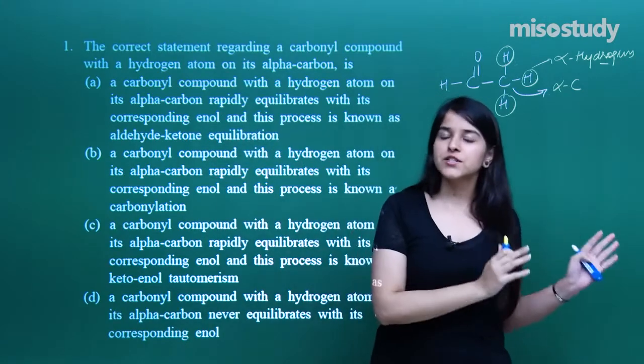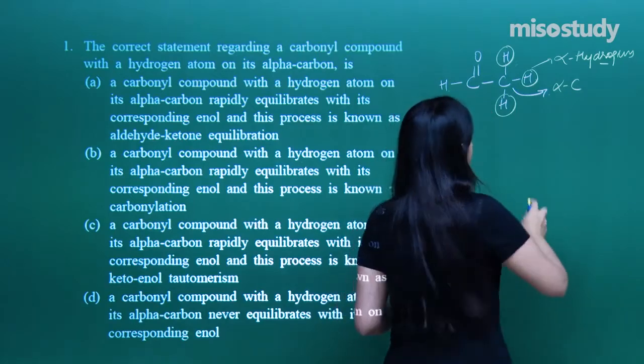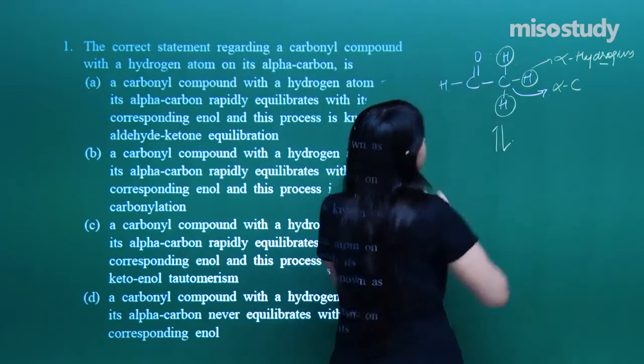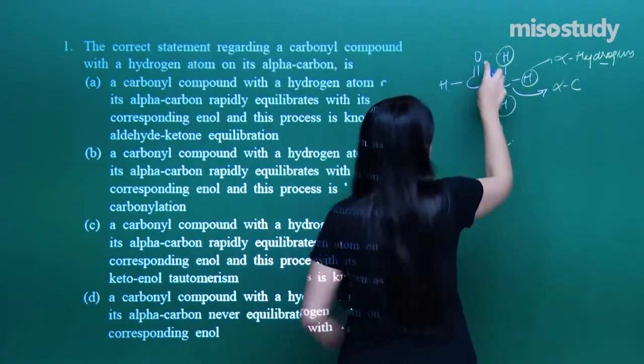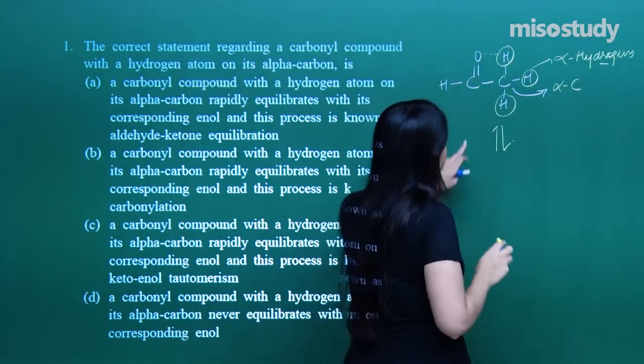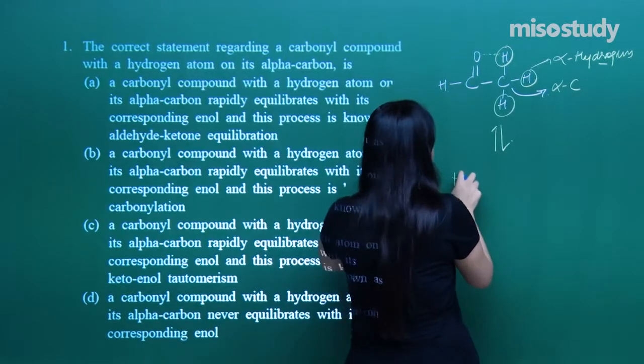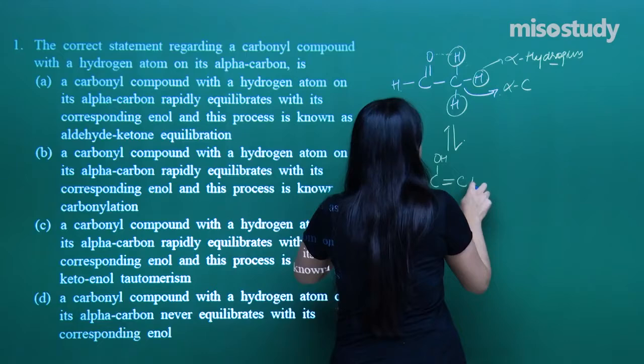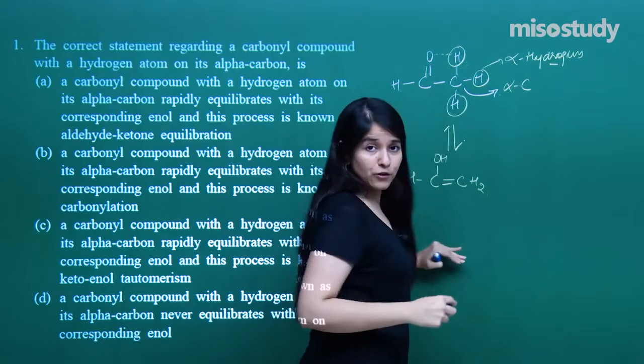So let us just first draw the enol form of this. So the enol would be the interaction with this hydrogen over here. So I hope you all are able to see that clearly. What do you have over here then? You have got an enol form. So that is how the enol form will look like.